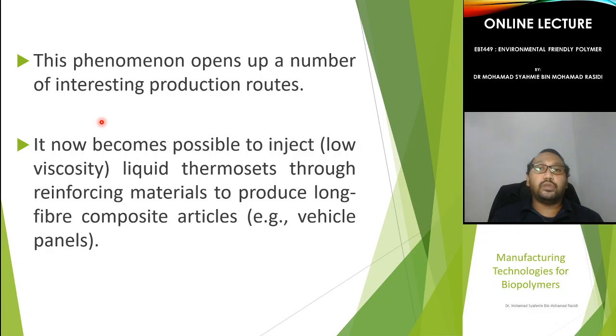It is now possible to inject low viscosity liquid thermoset through reinforcing materials to produce long fiber composite articles, for example, vehicle spanner. Because of this low viscosity, you can incorporate reinforcing materials, so that it can be used in an injection molding machine.